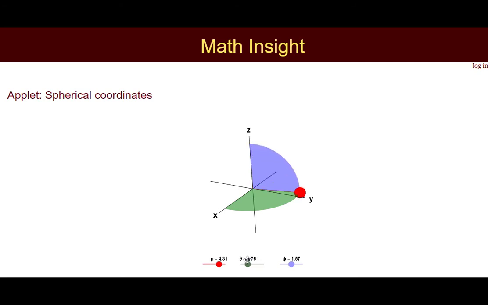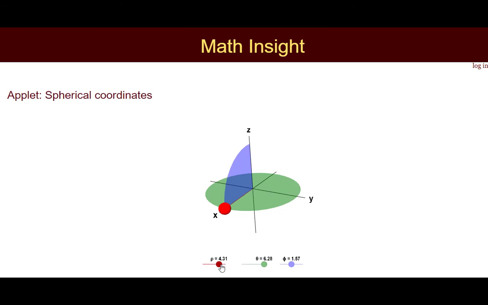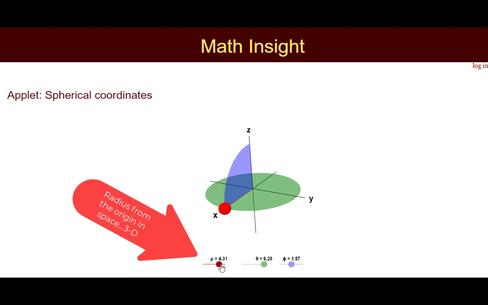So there would be pi over 2, and there would be pi, and there's 3 pi over 2, and there's 2 pi. We may occasionally go a little bit before 0 and a little bit after 2 pi, but for the majority of our measurements, theta will be from 0 to 2 pi. Now rho is the radius from the origin. It's not a two-dimensional radius, it's wherever the point is anywhere in space, how far is it from the origin.